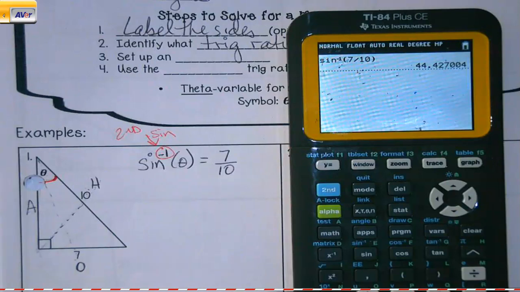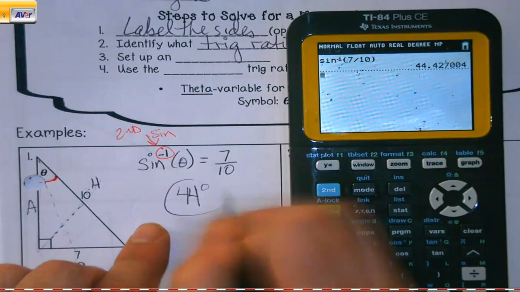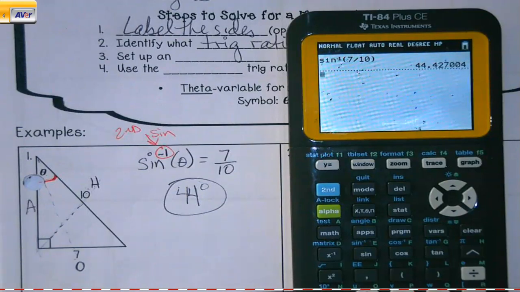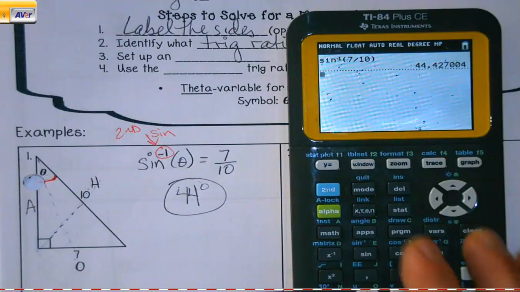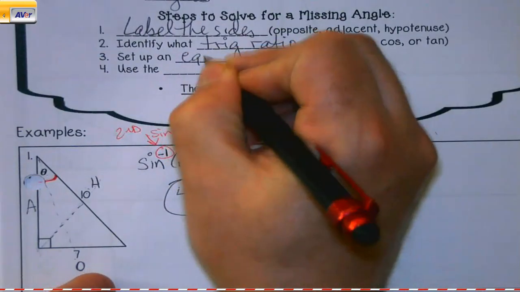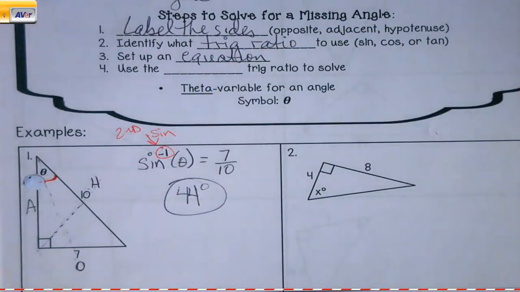And typically with angles, we just go to the nearest whole. So this one would be 44 degrees. Okay? That's really the only difference that we're going to be looking at. So here, I don't even know if I'd call this an equation. Like, it's just punching in the fraction and we're done.